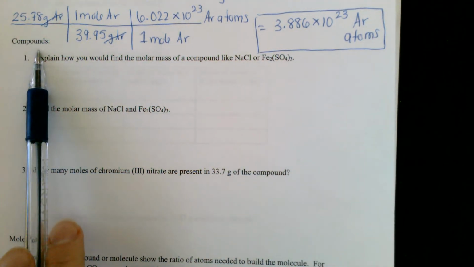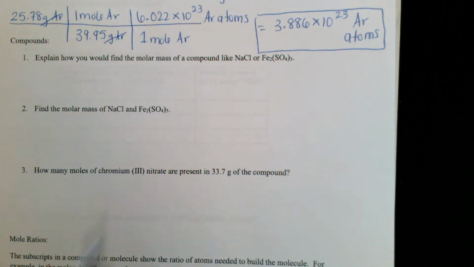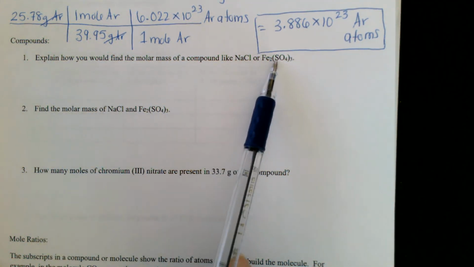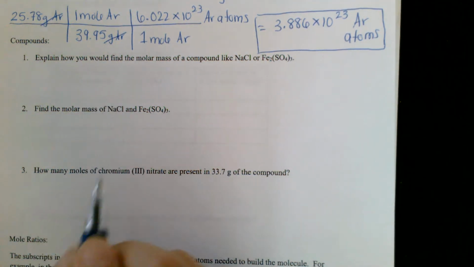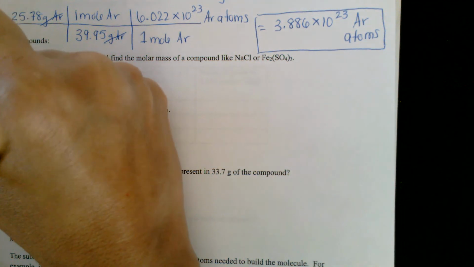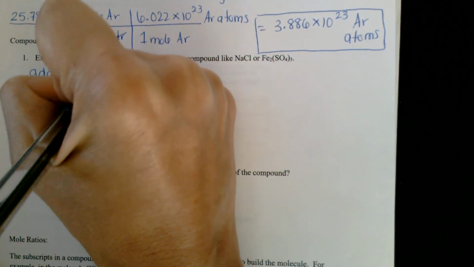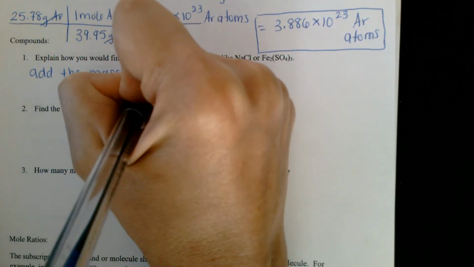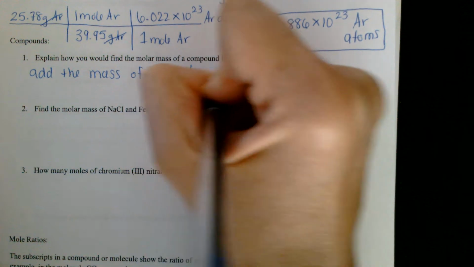Okay, so now let's expand this to compounds. Explain how you'd find the molar mass of a compound like NaCl or Fe2(SO4)3. So how would we find the molar mass? How we're going to do this is just add the mass of each atom present.